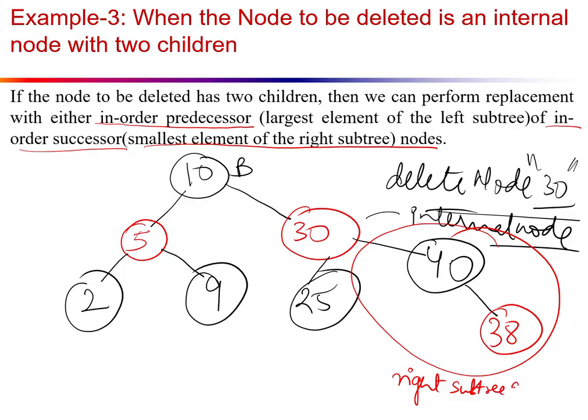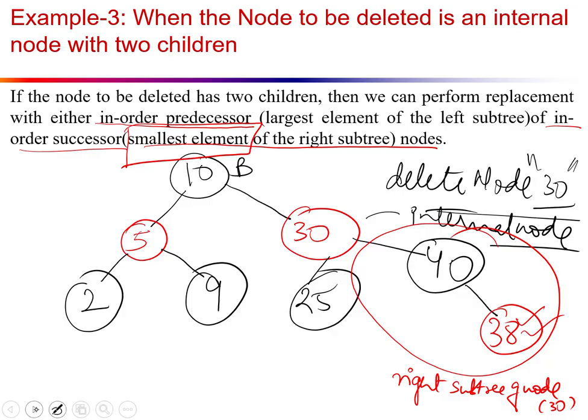This is the right subtree of node 30. What is the inorder successor? The inorder successor is the smallest element of the right subtree. And which is that smallest element? That is node 38. So I need to make a replacement with the smallest element of the right subtree.